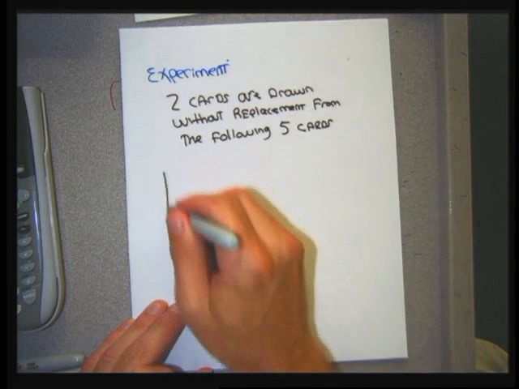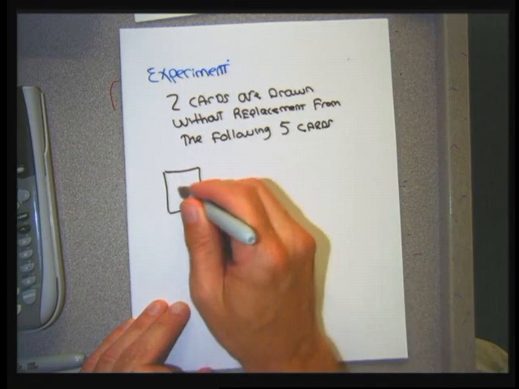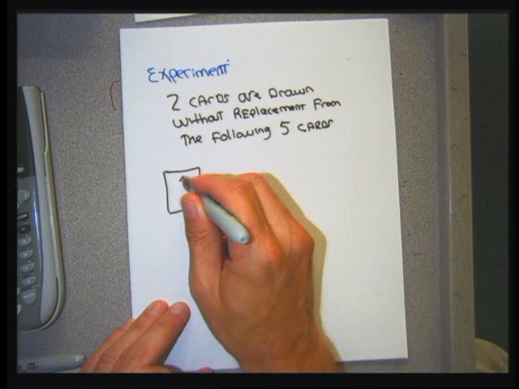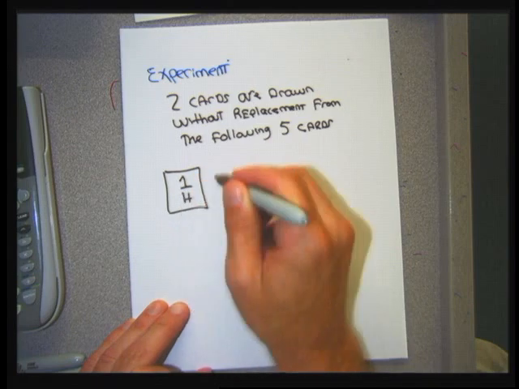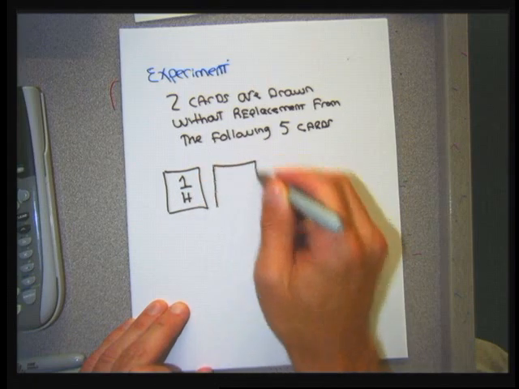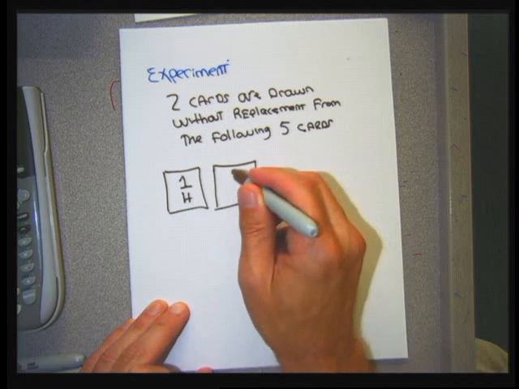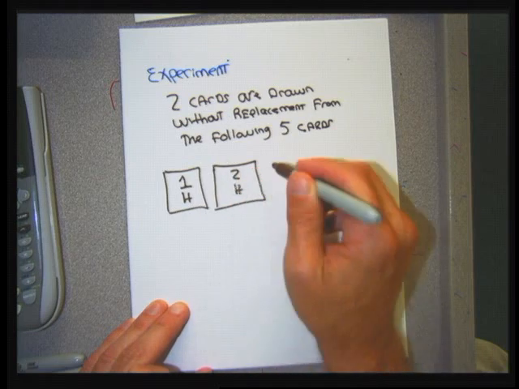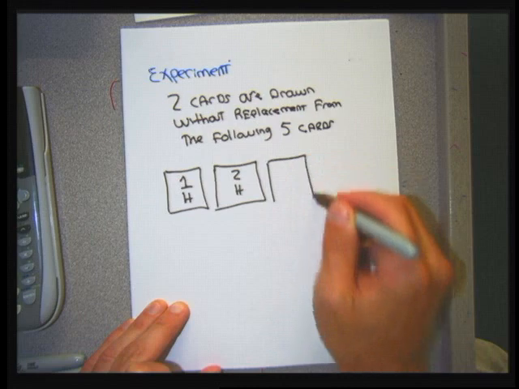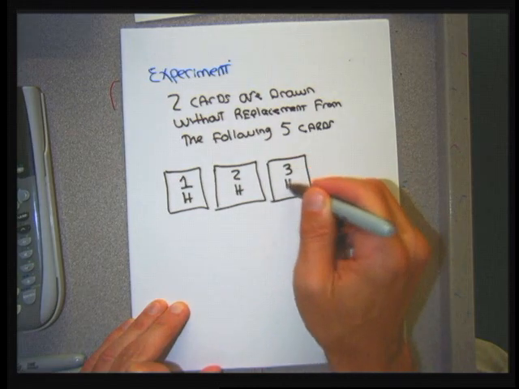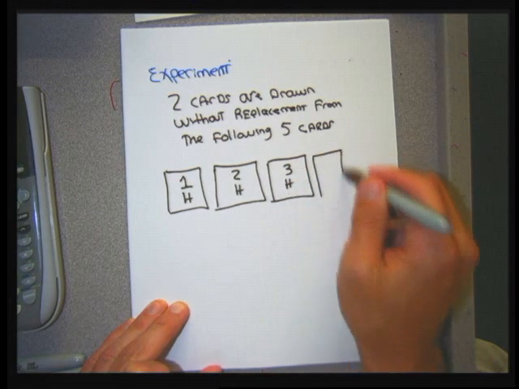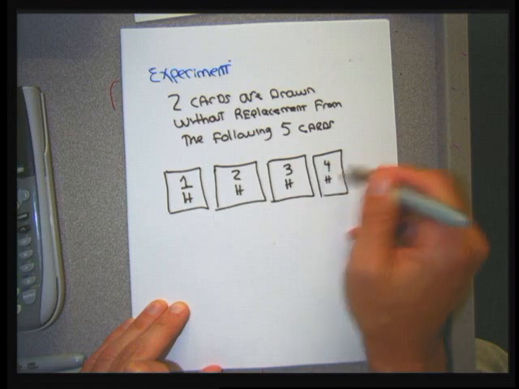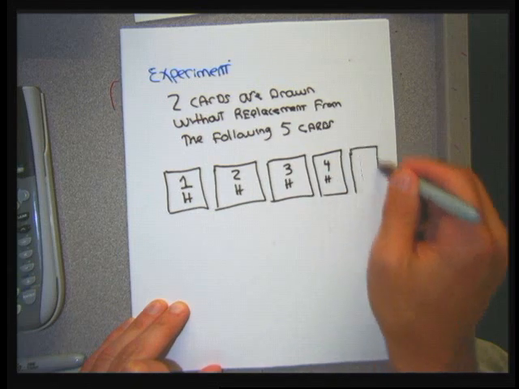So my cards are going to have one card with the number. I'll do the 1 of hearts, the 2 of hearts, 3 of hearts, the 4 of hearts, or the 5 of hearts.